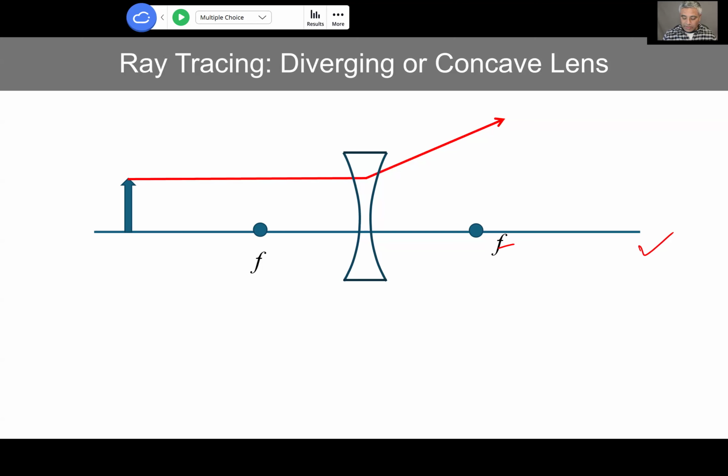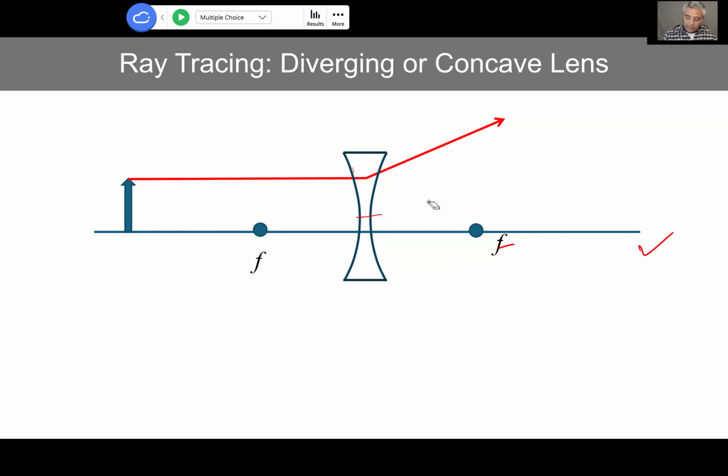So when it does, this being diverging, the ray does not go like that. That would be the case for a converging or convex lens, but that's not the case. Now it's diverging, so it's moving away from the base, I should say.